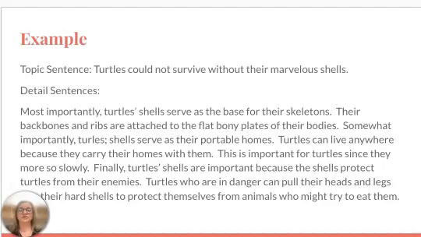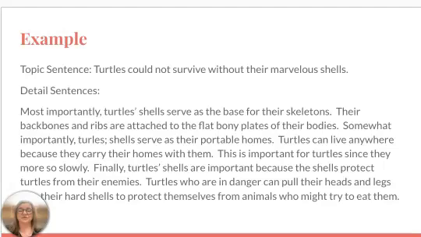Most importantly, turtles' shells serve as the base for the skeletons. Their backbones and ribs are attached to the flat, bony plates of their bodies. Somewhat importantly, turtles' shells serve as their portable homes. Turtles can live anywhere because they carry their homes with them.